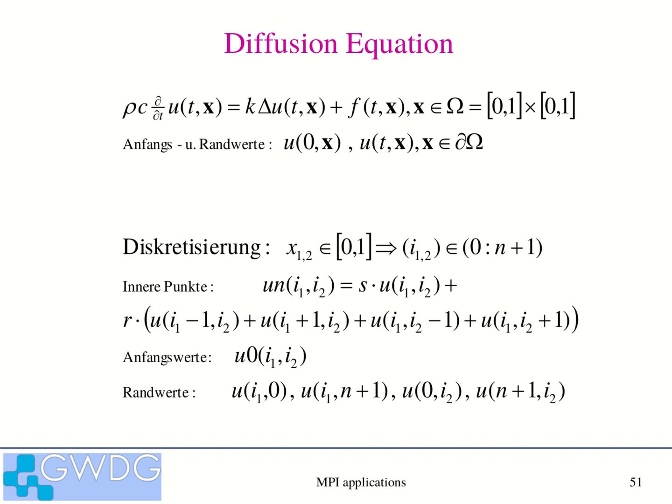In any case, the theory of discretization says that this discretization only works if the R value is smaller than 1/4. That one can prove in applied mathematics.